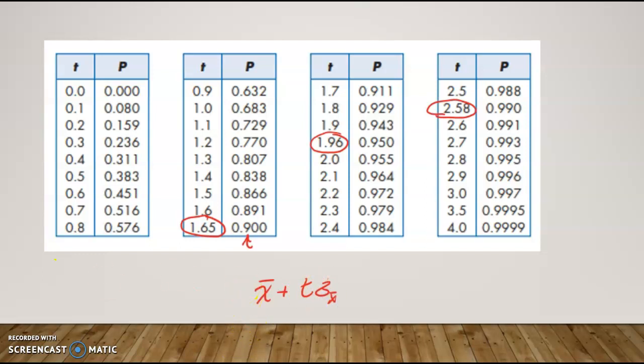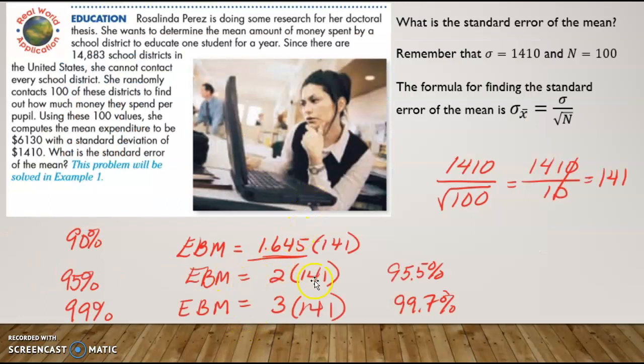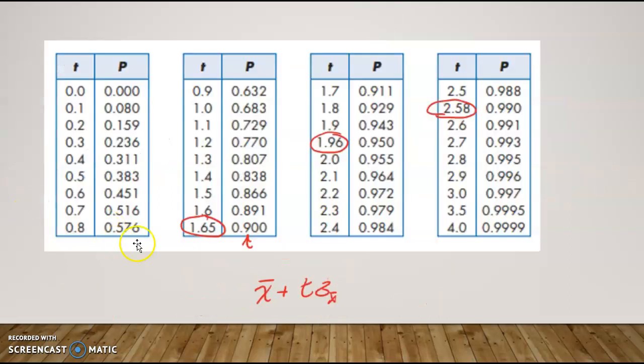Okay? So it really didn't change what we were doing. It just changed your multiplier. Instead of doing the roughly, which is the 95.5% you see here, and the 99.7% for 3, we were doing the exact for your 90% confidence level, your 95% confidence level, and your 99% confidence level.